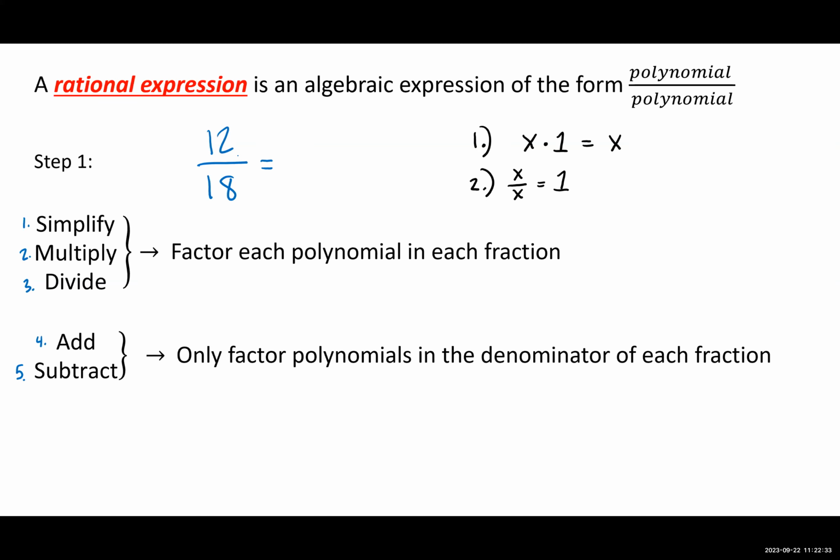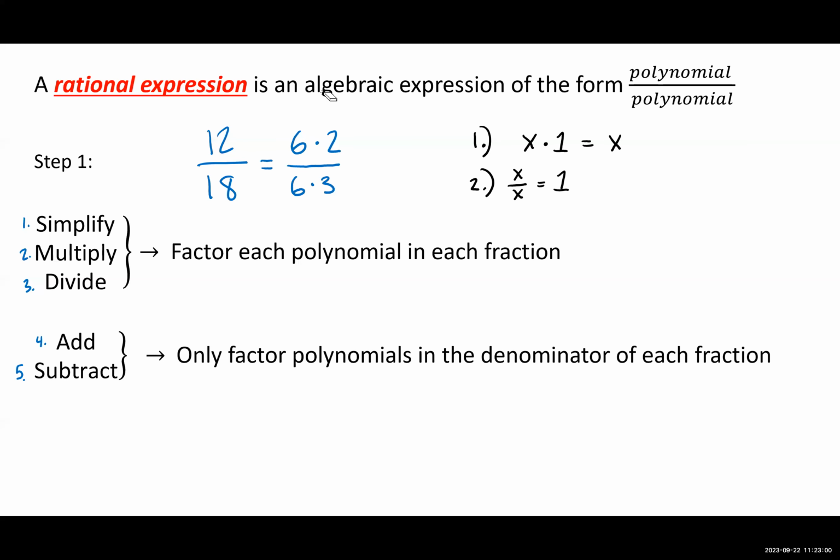Now, go back to 12 over 18. Well, we factor. Each of these numbers is a multiple of 6. 12 is equal to 6 times 2. 18 is equal to 6 times 3. We cancel the 6. Now, I don't want to just say, okay, cancel the 6 because that's what you do.